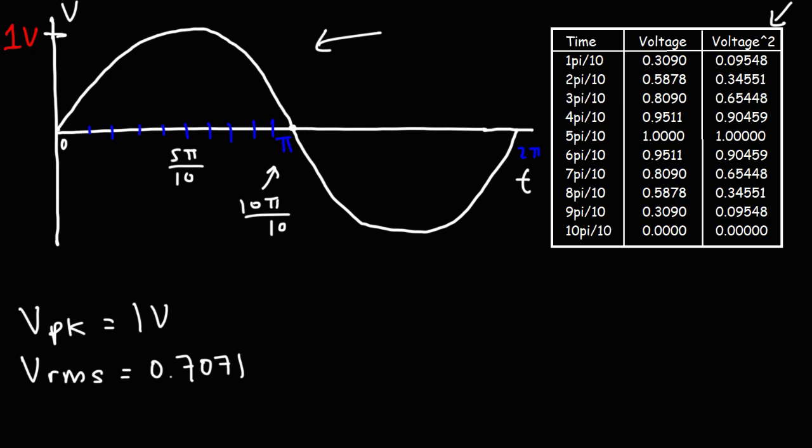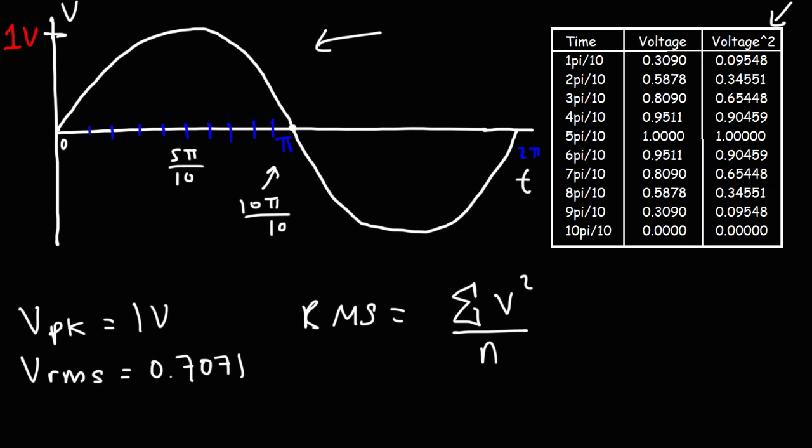So I know that was a mouthful, so let's go ahead and write that in the form of an equation. To get the RMS value, or the root mean square value, what we're going to do is take the arithmetic mean of the squares of the voltages. To take the arithmetic mean of something, you need to first get the sum, and then once you have the sum, you divide it by the number of terms that you have, in this case n.